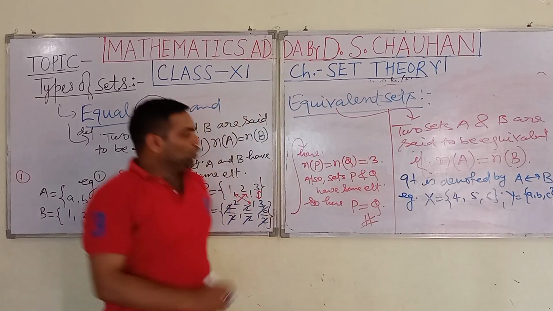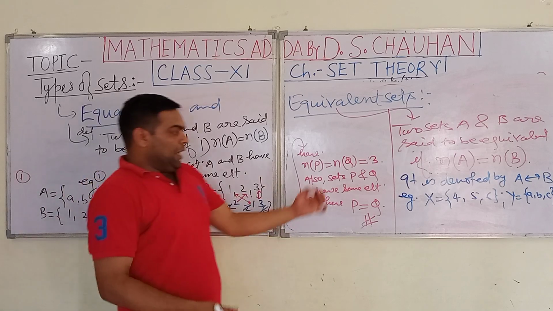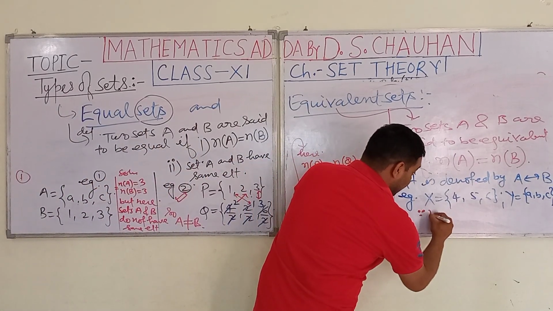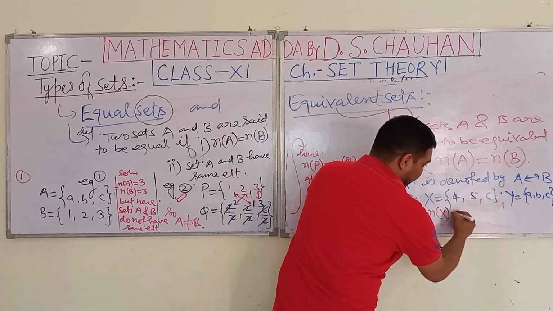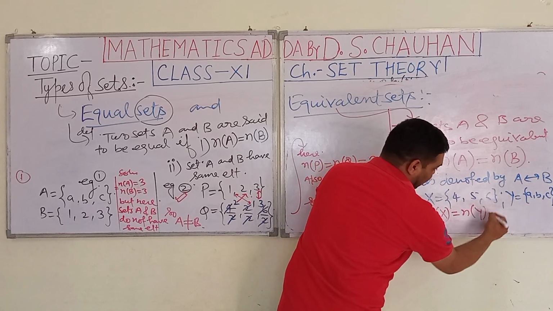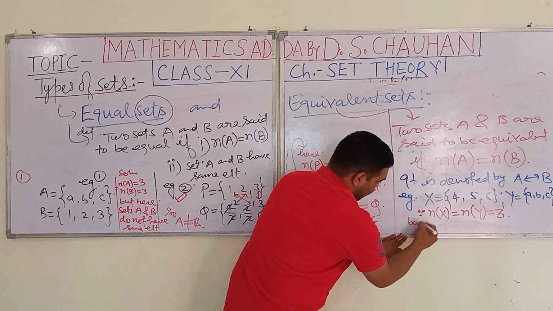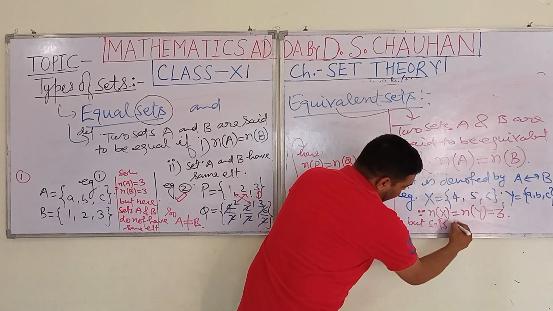For example, students, see here. This is one set X, whose elements are 4, 5, 6, and set Y, whose elements are A, B, C. Students, now see this example here.